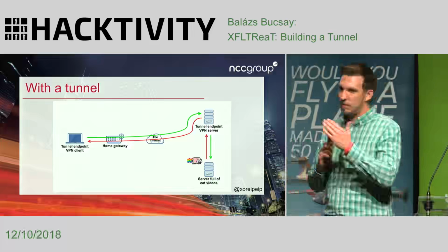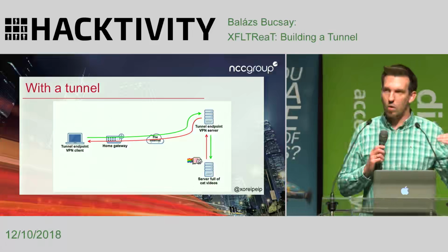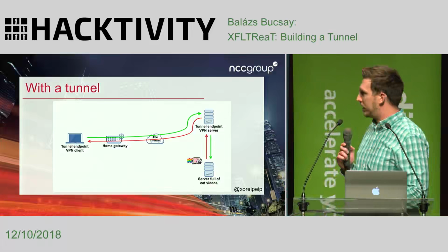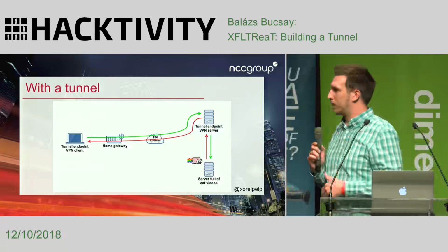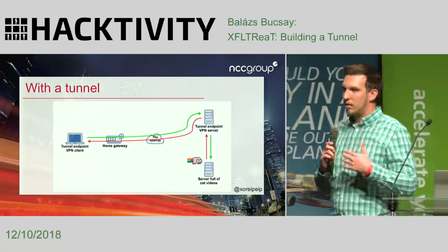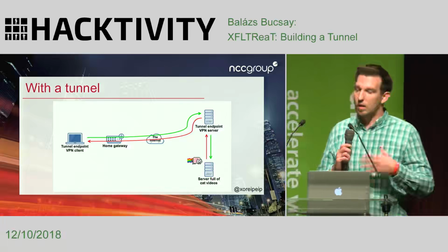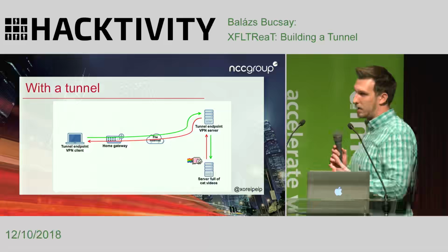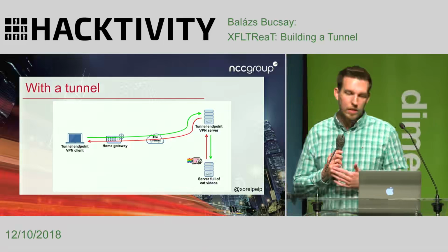So you connect to that server first, and then whatever you send, it will go through that route, and at the end, it will be redirected to the original server. So the original server, which stores your cat videos, will only see not your IP address, but the VPN server's IP address. So this is basically tunneling. This is how the VPN works in usual cases.